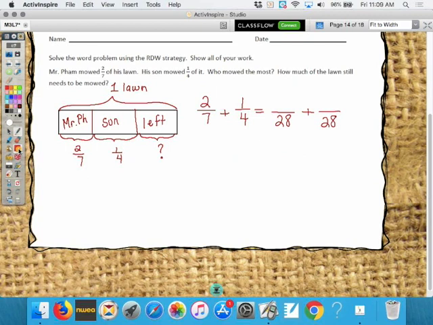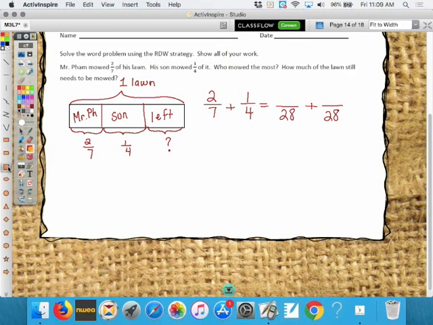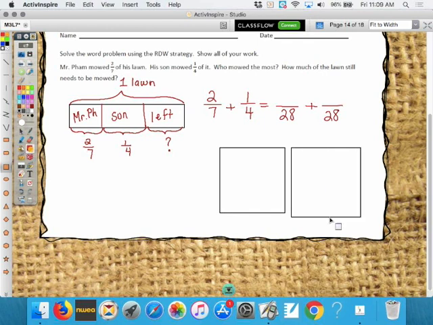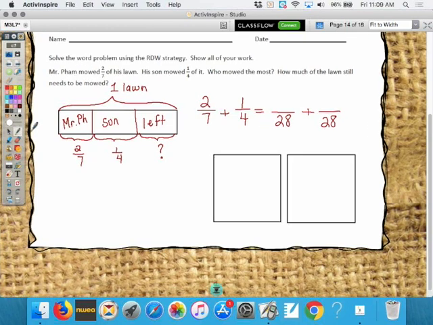Okay, and in preparation for your assessment, let's put these on area models. Okay, so when I add fractions together, I need to write them below before I draw the lines.